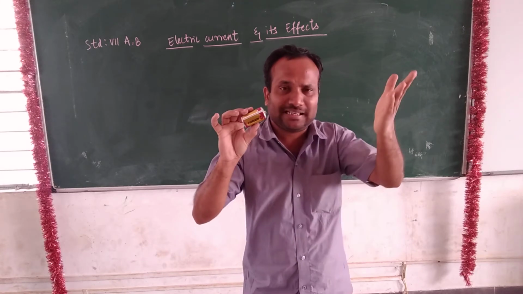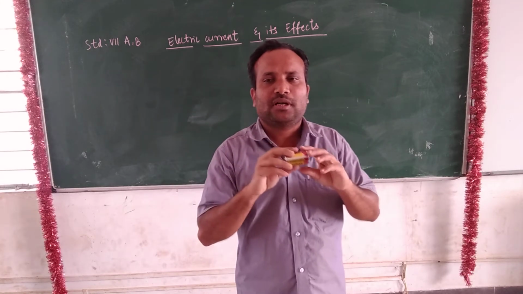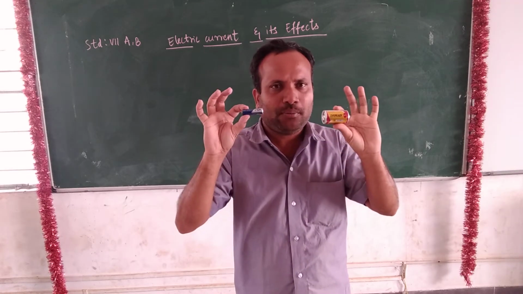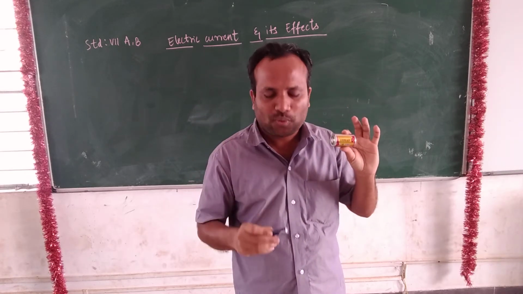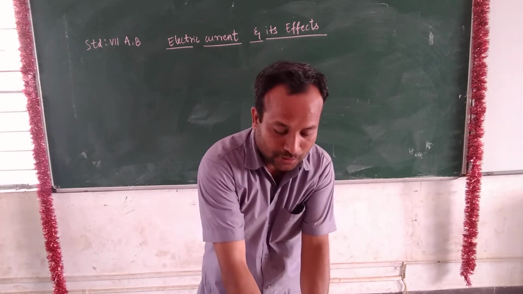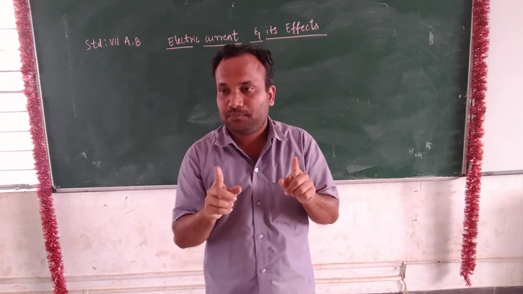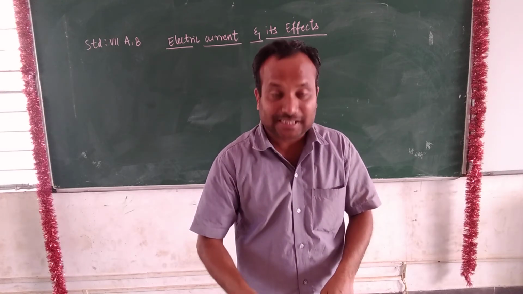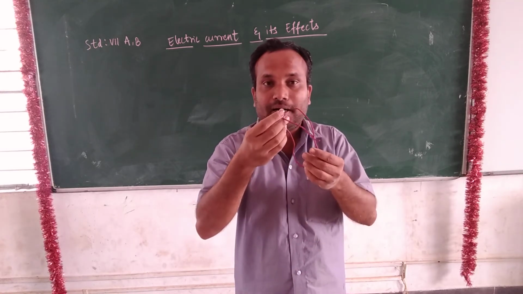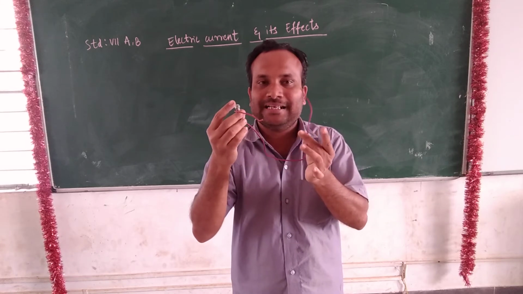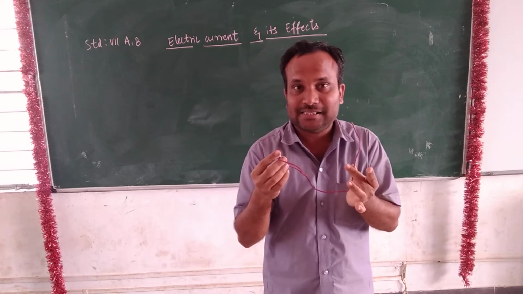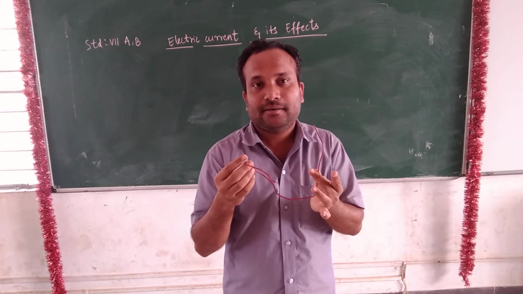We can't go directly for switches here. So for minute currents we use cells. So cells we have, and I have shown you wires. And to make a simple circuit, which consists of a bulb, wire, and a source of current, that is, we are using cells here.